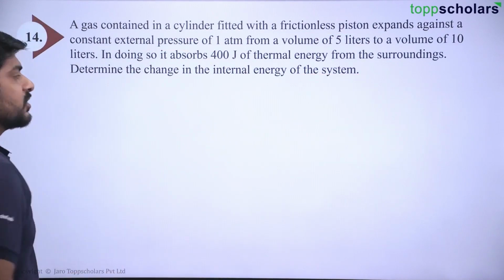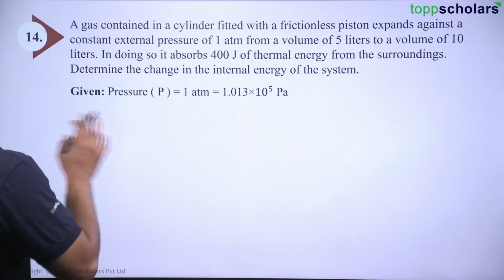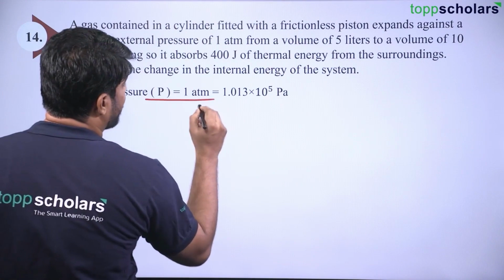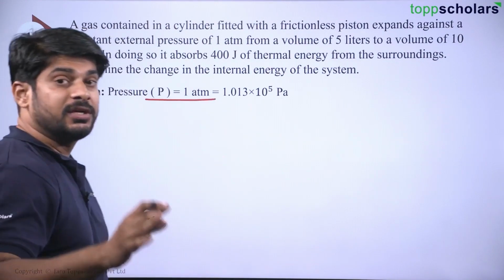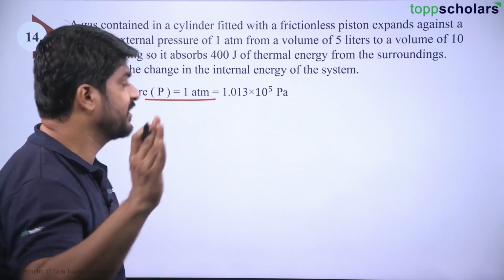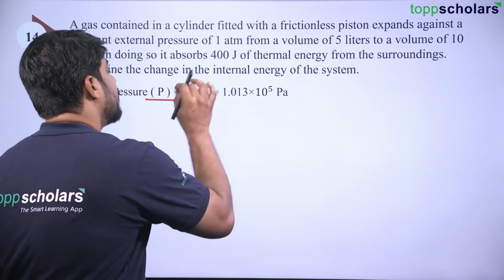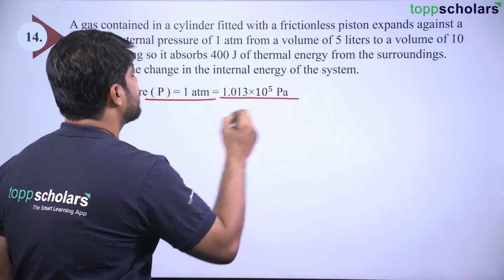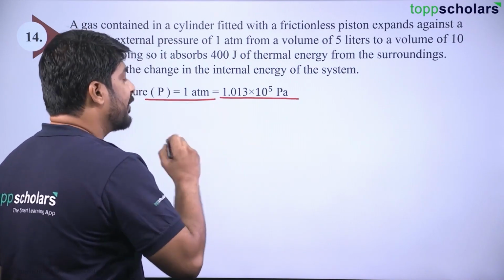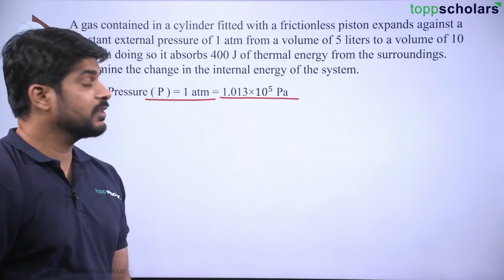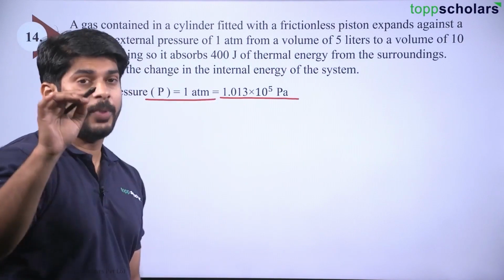So the solution to this is very simple. First of all, pressure is given, that is 1 atmosphere, and we have to convert it to SI units, right? Atmosphere, ATM, is not the SI unit, so we have to convert to pascals. 1 atmosphere is 1.013 into 10 raised to 5 pascals.